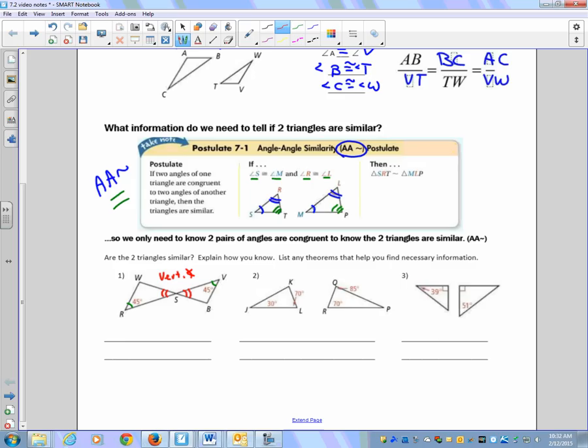Remember that? Okay, so now we have two pairs of angles congruent, green to green and red to red. So, are they similar? Yes, by AA and the vertical angles theorem.